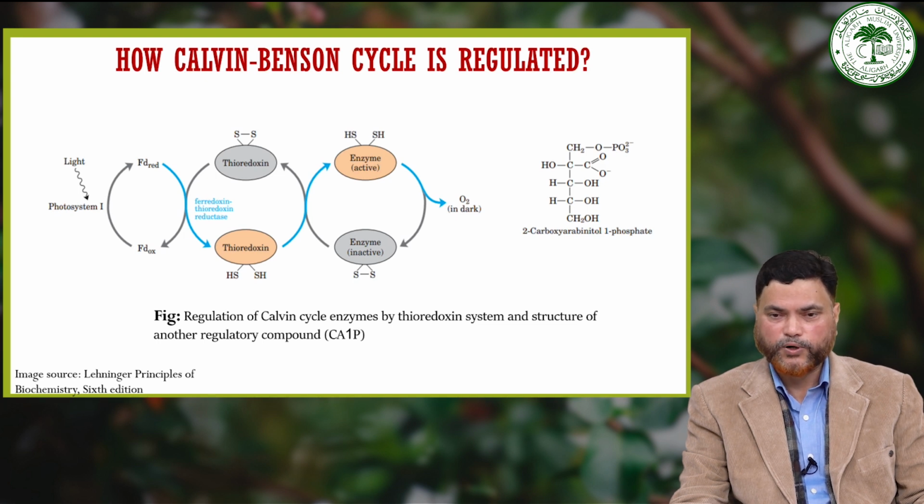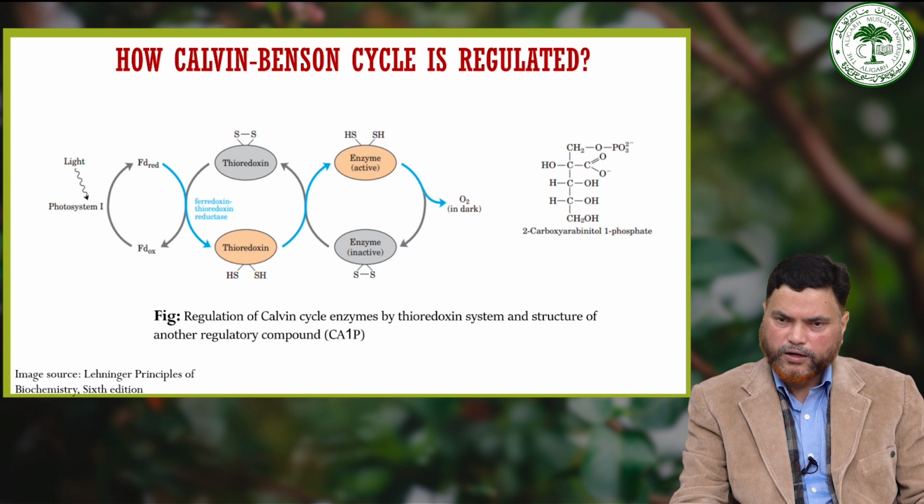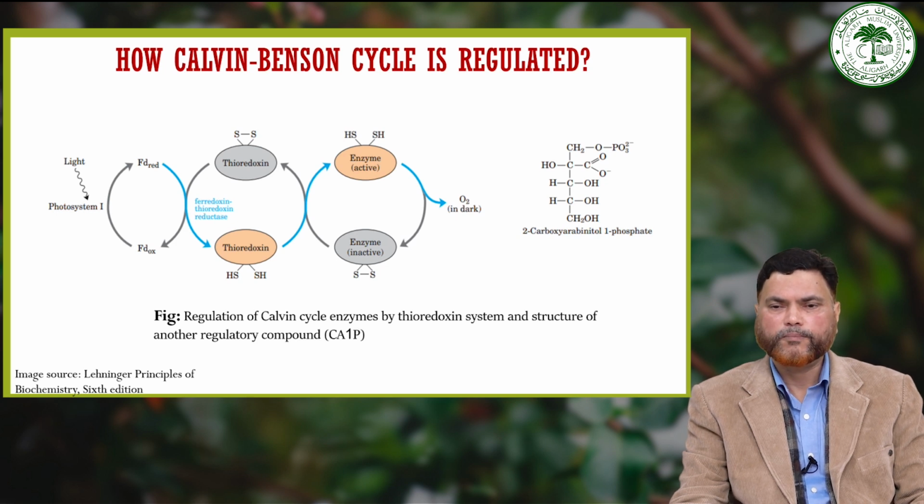This compound acts as an inhibitor of Rubisco binding to its activation site. However, in the presence of light, a specific phosphatase enzyme removes the phosphate group from CA1P, making it unable to bind to Rubisco and thus releasing its inhibitory effect.